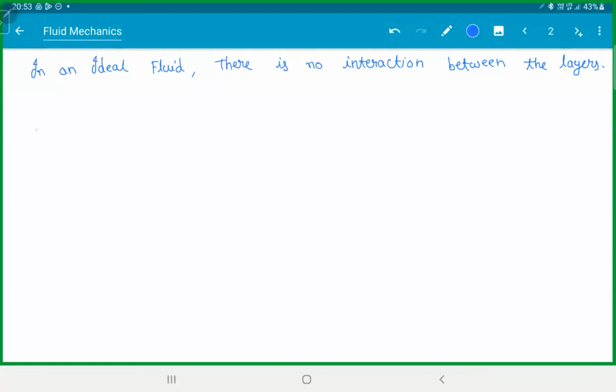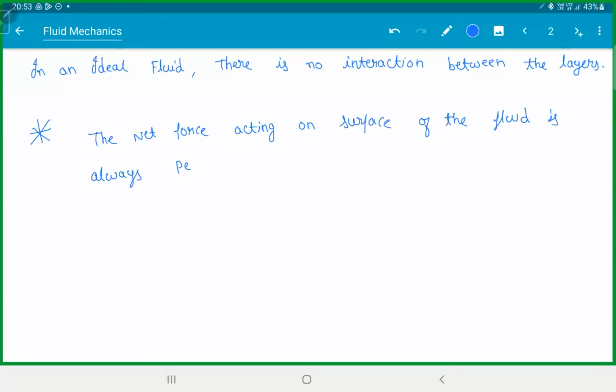Meaning now, the net force acting on a liquid surface is always perpendicular to the surface.